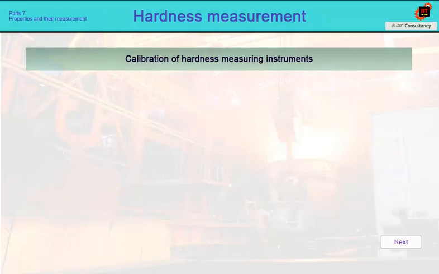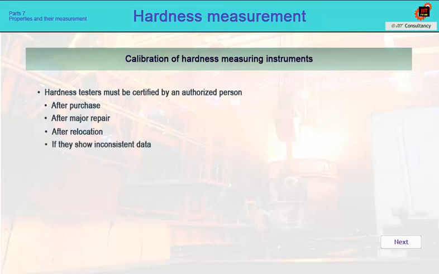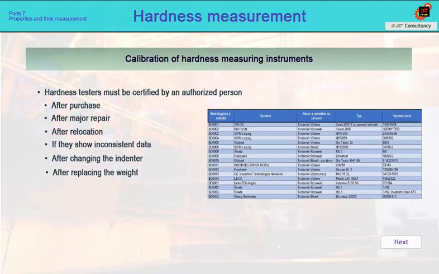In addition to the periodic calibration of a commonly used instrument, hardness testers must be certified by an authorized person after purchase, after each major repair, after moving, or if they show inconsistent data. The instrument must also be recalibrated after each change of indenter or after the weight is replaced. An entry must be made in the instrument logbook about the replacement of both elements.